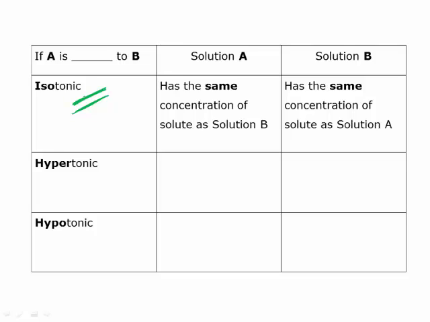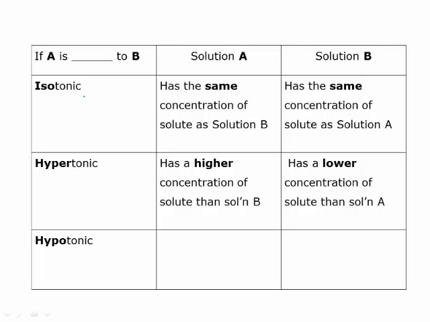If A is hypertonic to B, try that one. Well, what we see is that A will have a higher concentration of solutes than B, and what that means is that B will have a lower concentration of solutes in solution than A. How about the last one, hypotonic?